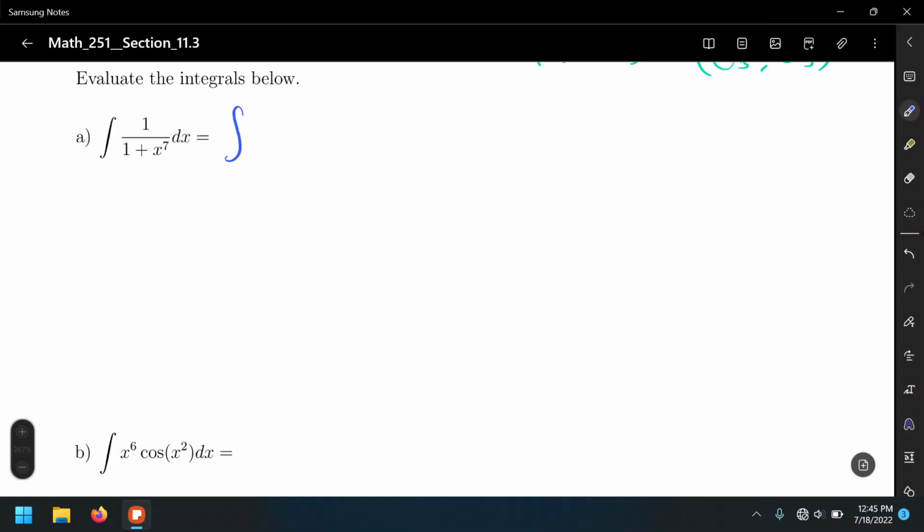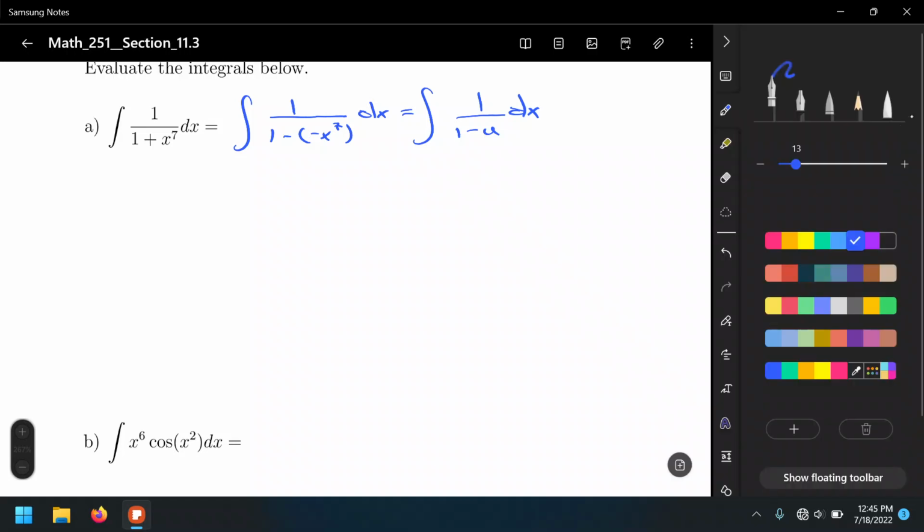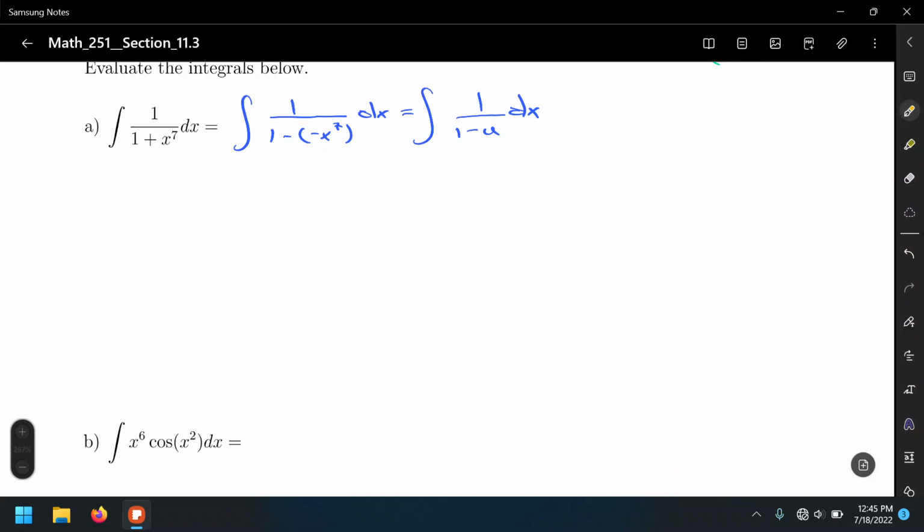So let's find the integral of... okay, let me rewrite this, because this looks like 1 over 1 minus u. Well, what if we write this integral as the integral of 1 over 1 minus negative x to the 7th, with respect to x, times the integral of 1 over 1 minus u, and in this case think of u to be negative x to the 7th power.